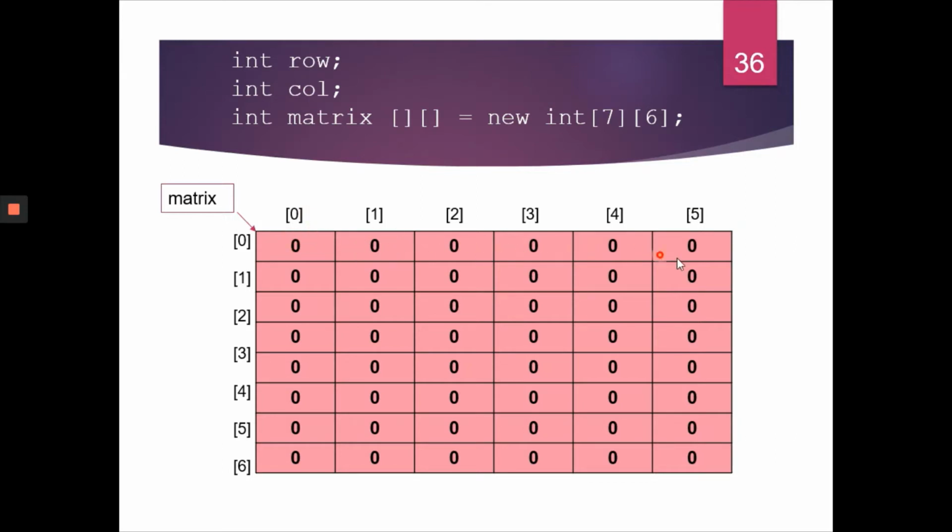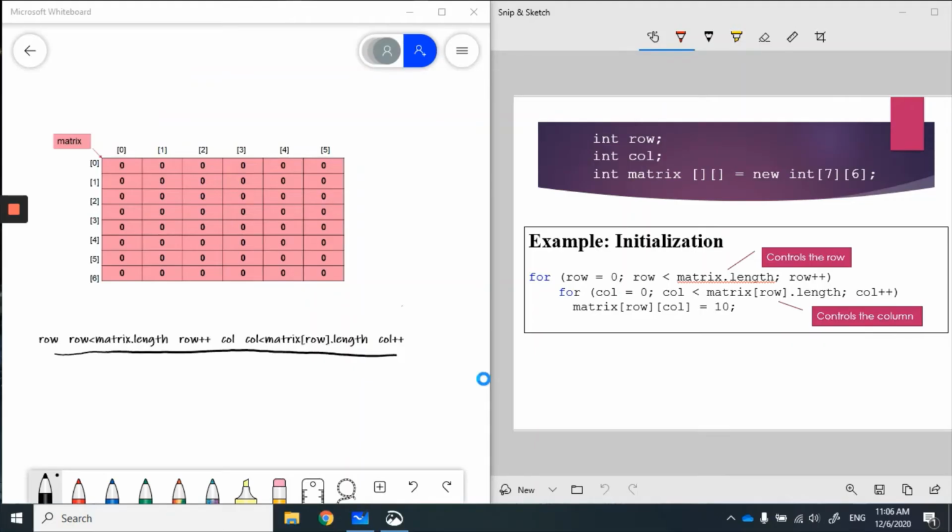The initial values are 0 for all of the elements because we declared the array as integer. The example is to initialize a value of 10 as the element of our array. Here we have the array name as matrix, and the size is 7 and 6 as we declared earlier.